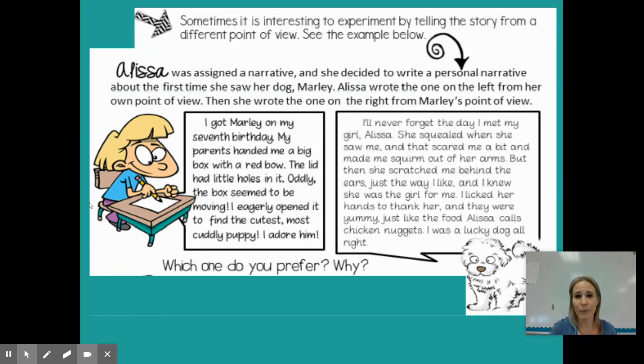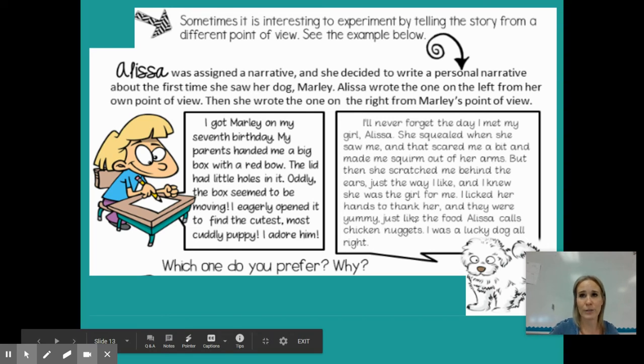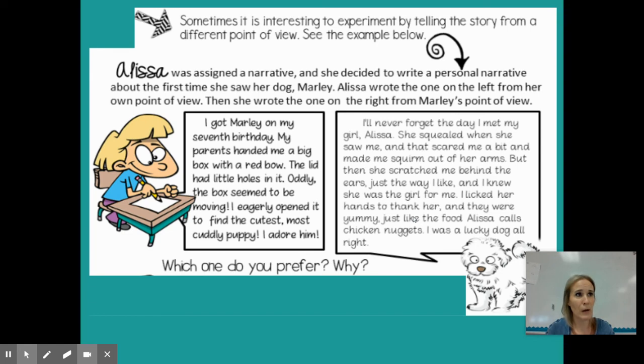The next example here is told from Marley's perspective, the dog. It still is the first person narrative, okay? First person point of view. It's from the character's point of view, but the perspective is different. It's from the dog's perspective. I'll never forget the day I met my girl, Alyssa. She squealed when she saw me, and that scared me a bit and made me squirm out of her arms.